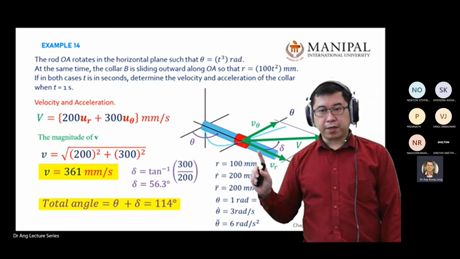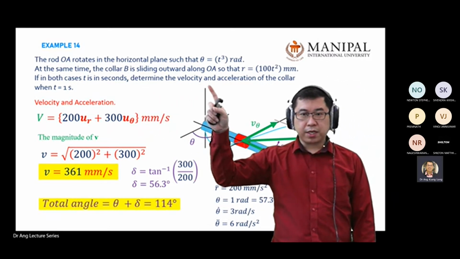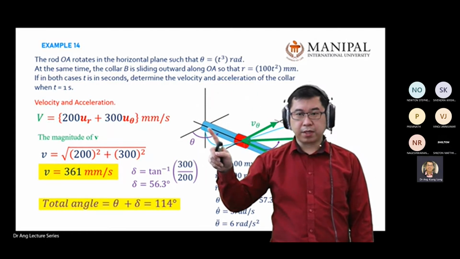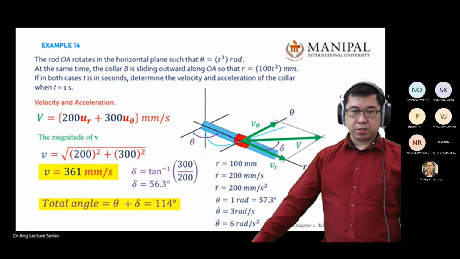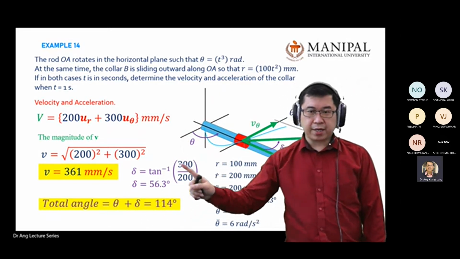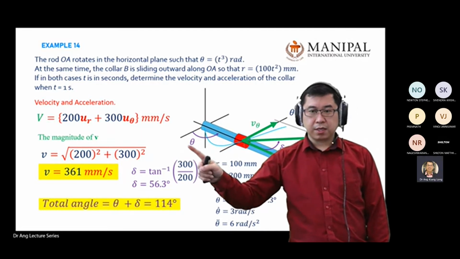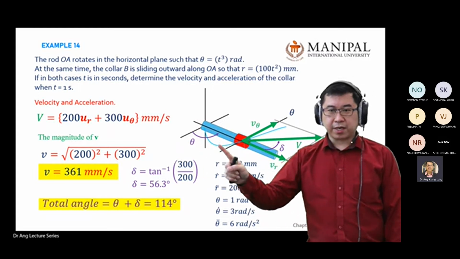However, don't stop here. The question asks you for the velocity direction from the origin theta. So for the total angle, always remember to add this one and this one.